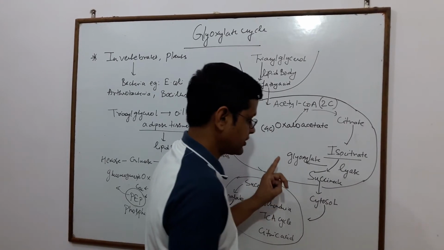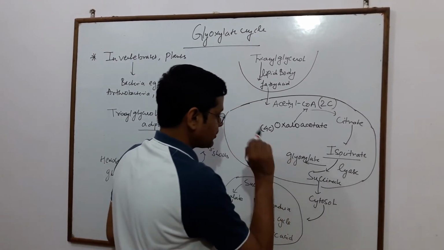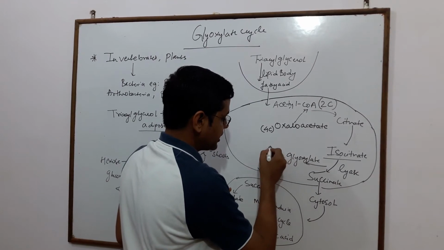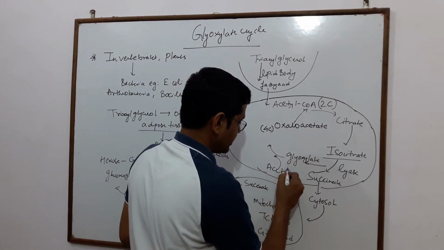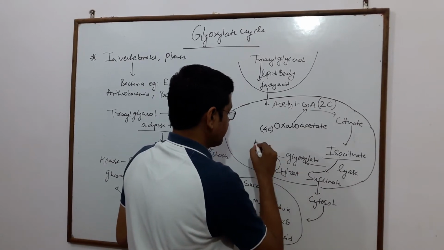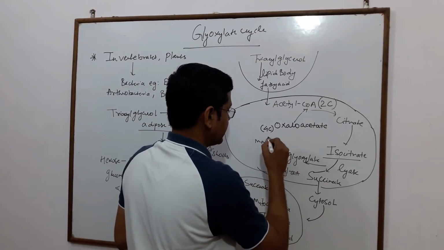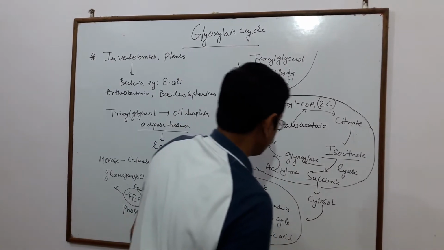What about this? This glyoxylate again fuses with 1 mole of acetyl coenzyme A and generates malate, and malate generates oxaloacetate.